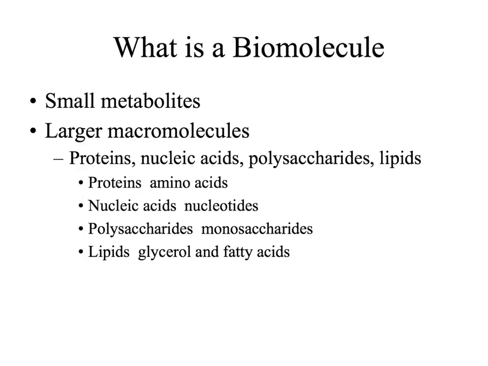Now the larger macromolecules, when we look at these, we are really looking at proteins, nucleic acids, polysaccharides, and lipids, so carbohydrates. The larger macromolecules are going to be polymers that are made up of monomer units.